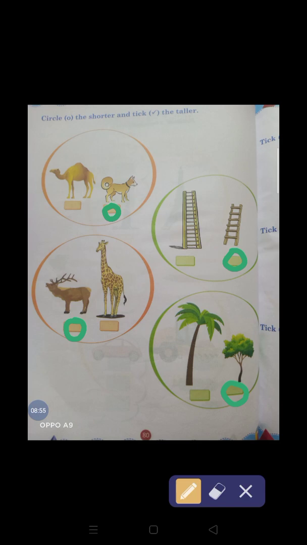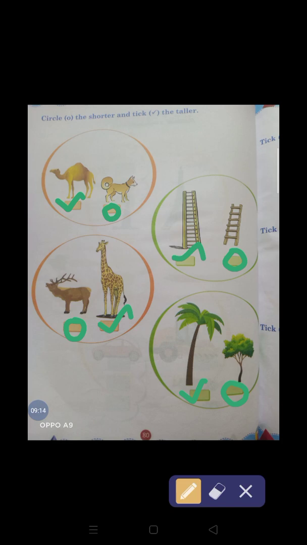Obviously, the other animal or object is taller. So you have to put a tick mark for the remaining pictures. Camel is a taller animal when we compare to the dog.